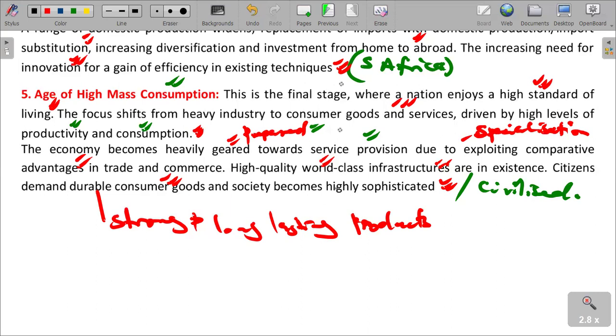Like today, we talk about a global economy where we have high quality world class infrastructure also coming into existence. In order for such business operations to be met, high class infrastructure is put in place. We talk about the conveyor belts, automated systems, the fourth industrial revolution systems and whatsoever. Technological advancement results in high demand for consumer durable goods, and society becomes very civilized and sophisticated.